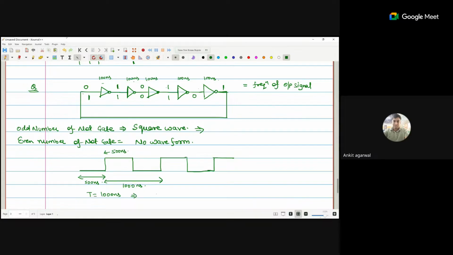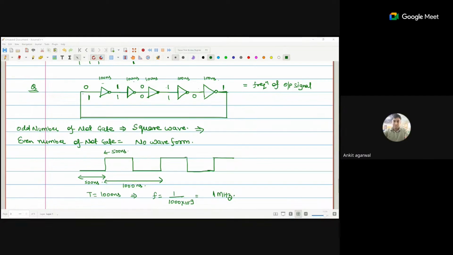So the frequency is 1 upon 1000 times 10 raised to the power minus 9, so it is 1 megahertz. So we are getting a signal of 1 megahertz. Clear? Yes.